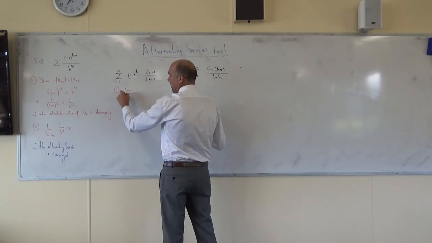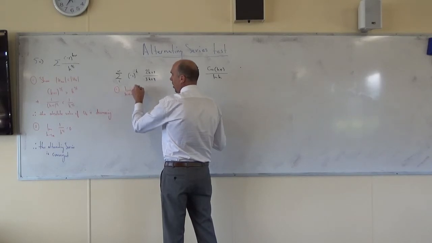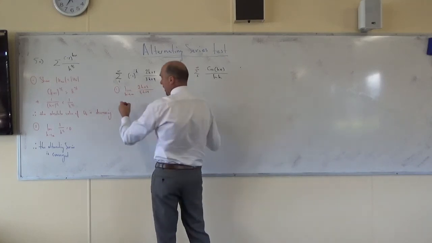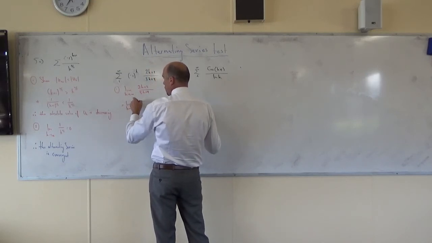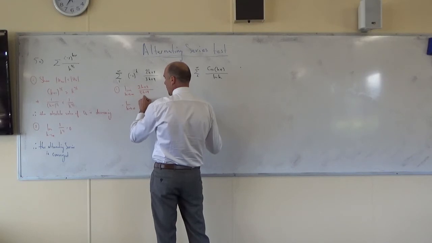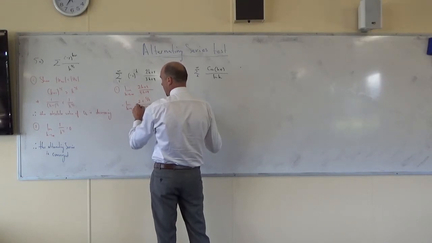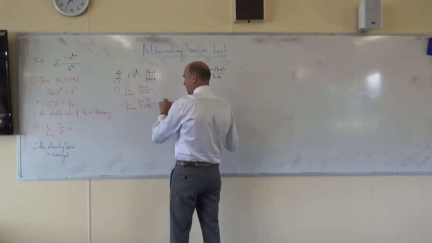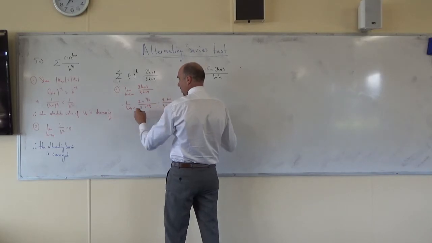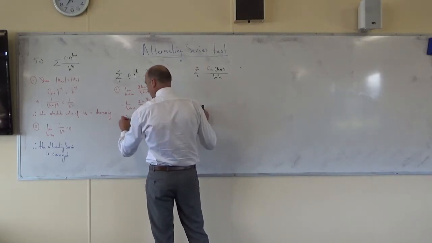What's the limit as k approaches infinity of (2k+3)/(3k+4)? That's going to equal the limit as k approaches infinity of (2 + 3/k) divided by (3 + 4/k), which equals (2+0)/(3+0), which equals 2/3.